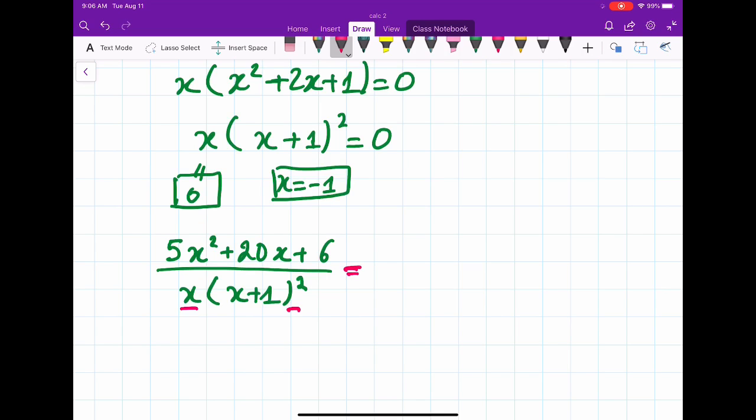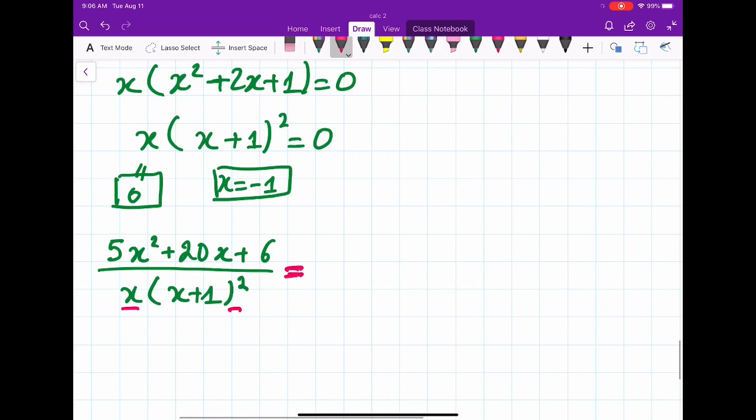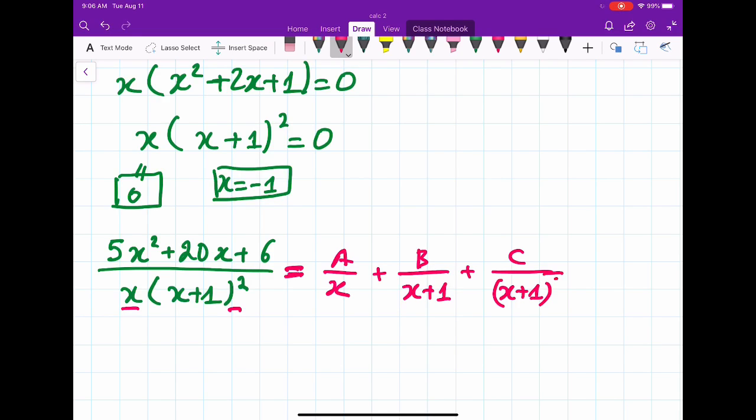Then I can rewrite this function as a over x, the first factor, plus b over (x plus 1), the second factor, plus c over (x plus 1) squared, where a, b, c are numbers, scalars.